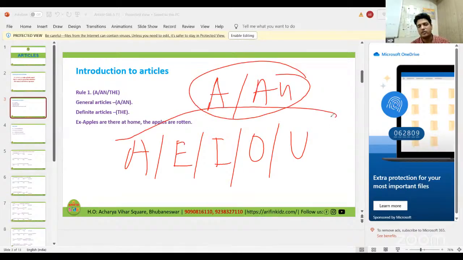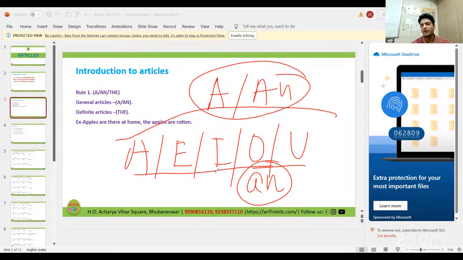If the pronunciation starts with any of the vowels we have, it will carry an. Otherwise, it will carry a, right? Okay, the rule is very simple.